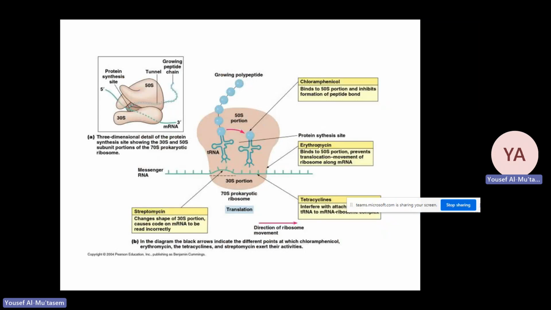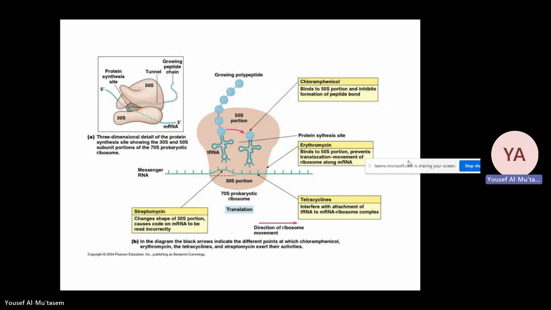The tetracyclines bind to the 30S complex, and they interfere with the binding of the tRNA to messenger RNA.